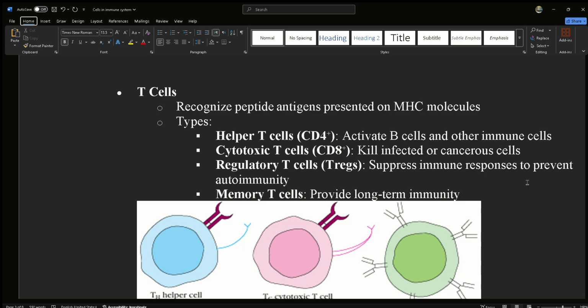These T cell receptors are similar to the antibodies and belong to the same family of proteins.